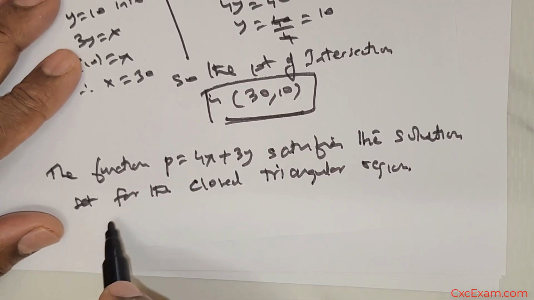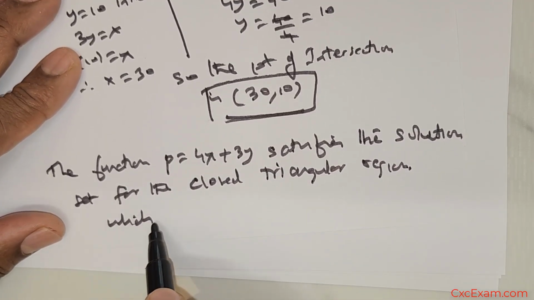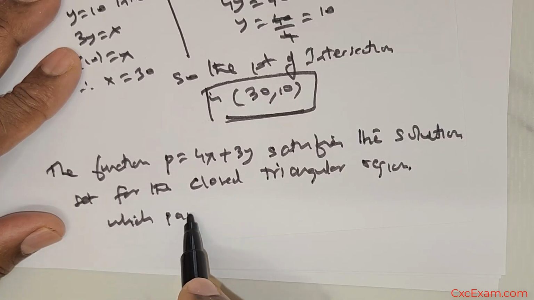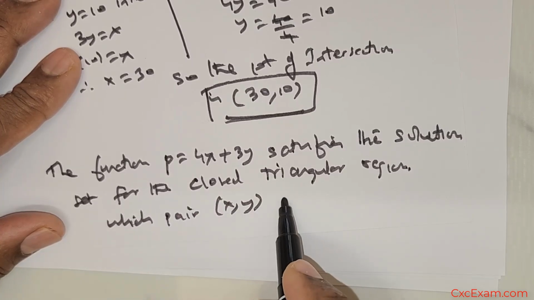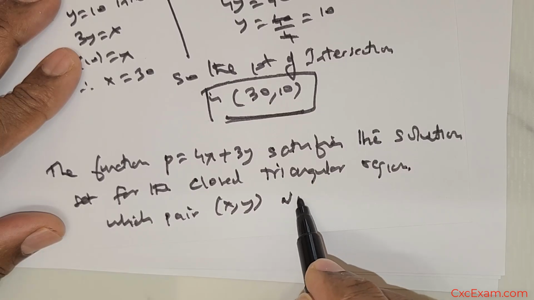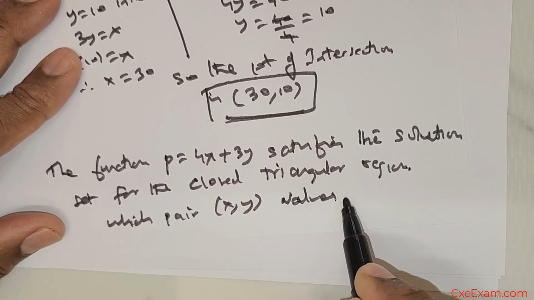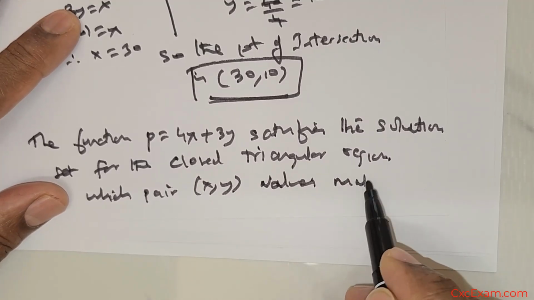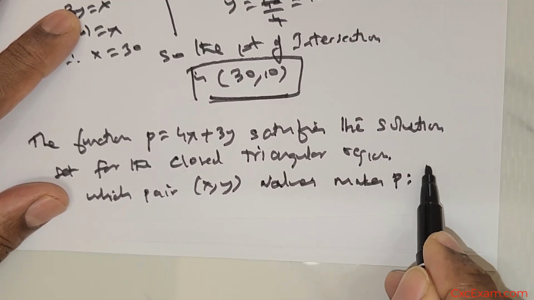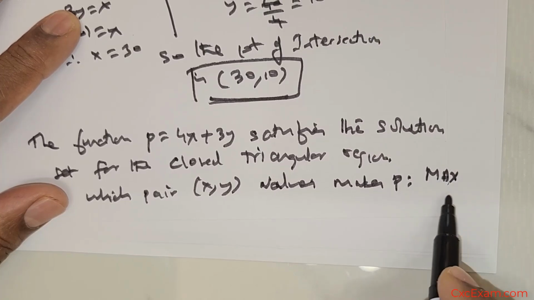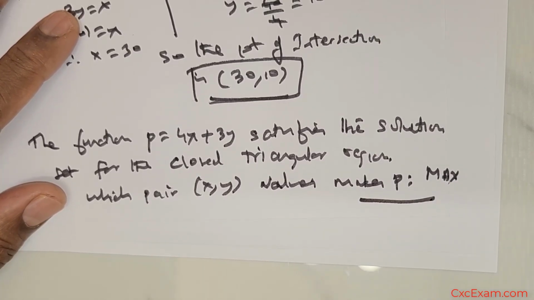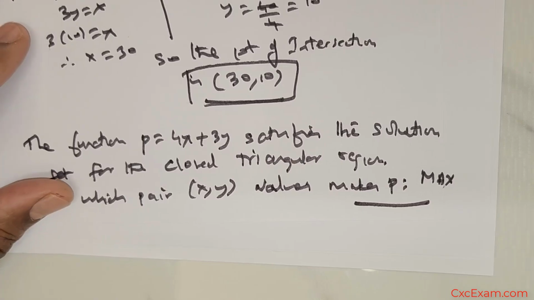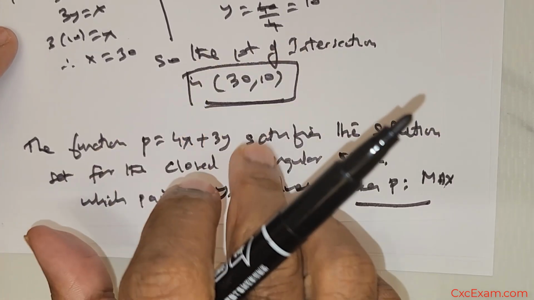What we have to do is find which pair of x, y values makes p maximum. Okay, so we need to get that.